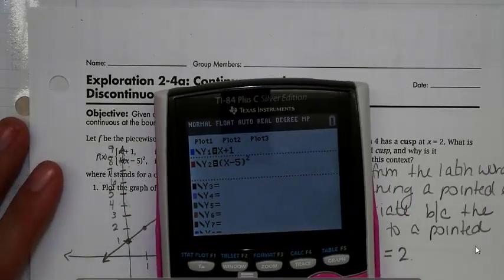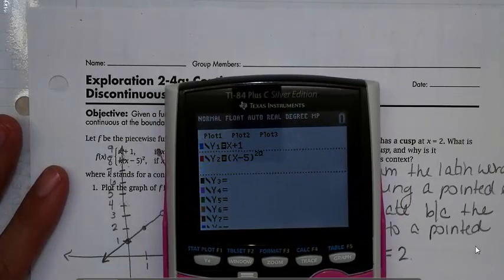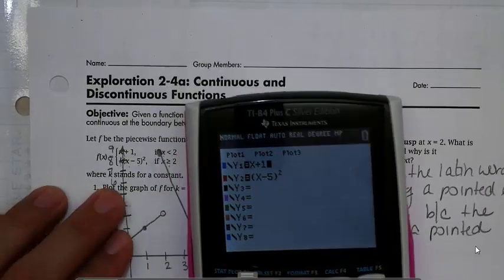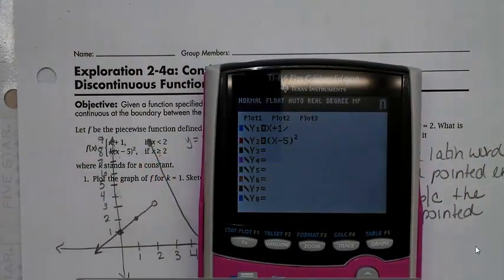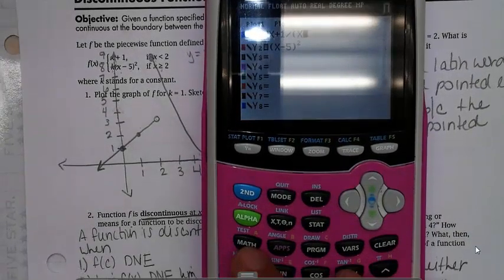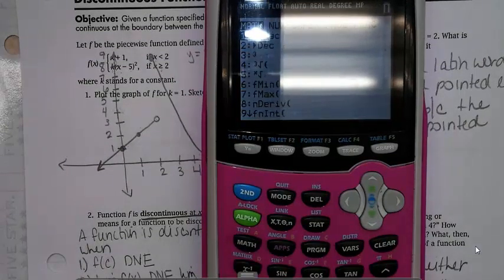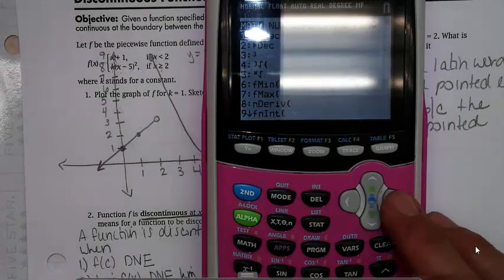Okay, and the way that you do that is you basically divide out the domain. So you're going to divide this by, and put it in parentheses please, x, and now we need to do less than.